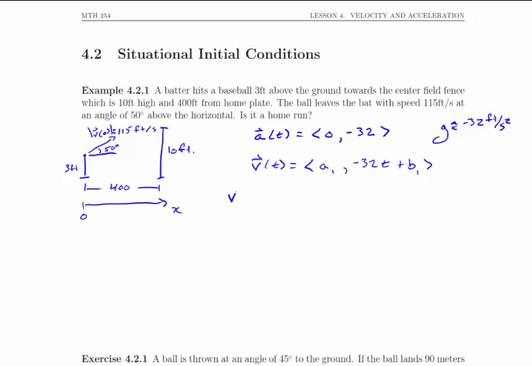So what this is saying is that v of 0 is going to be 115 cosine of 50 degrees in the x direction and 115 sine of 50 degrees in the y direction. So this is my initial condition, by just looking at the x and y components of my velocity vector with this 50-degree angle and magnitude of 115 feet per second.